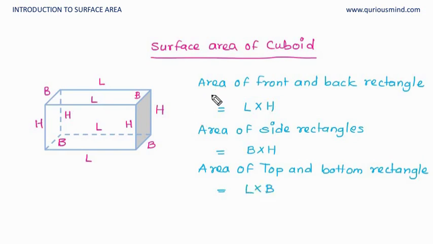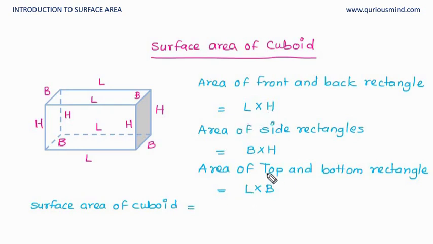Now if we add all these areas, we will get the surface area of cuboid, and therefore it is equal to 2 times this.